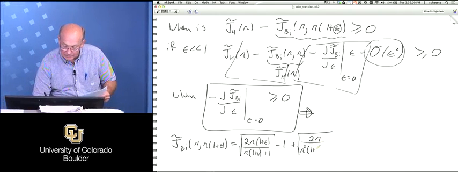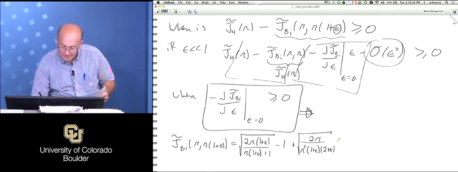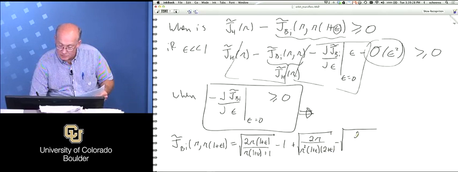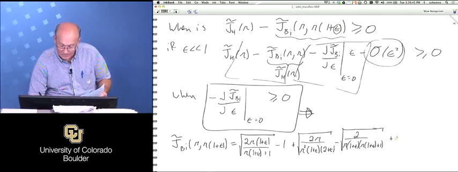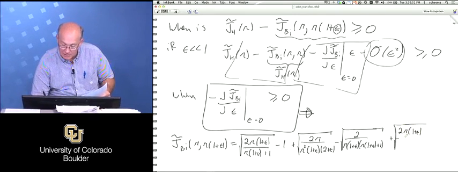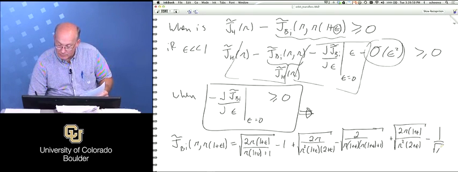Those cancel, but we'll just leave them in here for a second. 1 plus epsilon times 2 plus epsilon, minus square root of 2 over r times (1 plus epsilon) times r times (1 plus epsilon) plus 1, close the square root, plus square root of 2r times (1 plus epsilon) over r squared times (2 plus epsilon), minus 1 over square root of r.